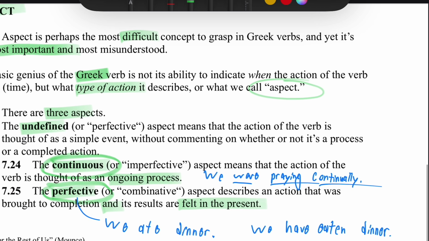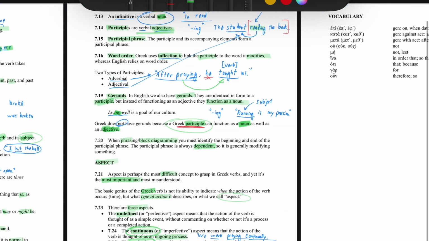Again, it's communicating something that happened, it's brought to completion, we already have done it, but there's results that are continuing into the present. In the case of eating dinner, a lack of hunger. All right, that's a lot to take in.